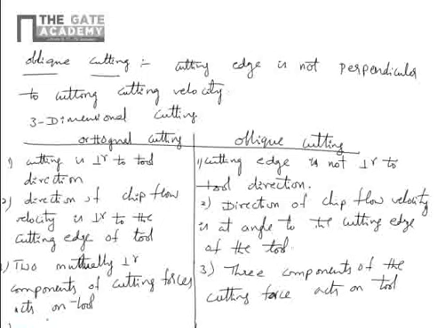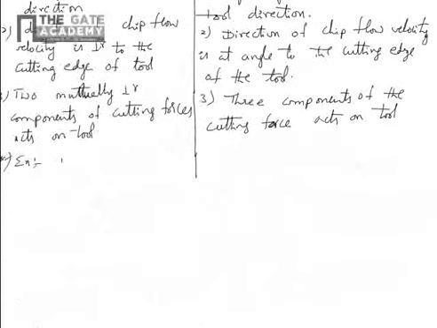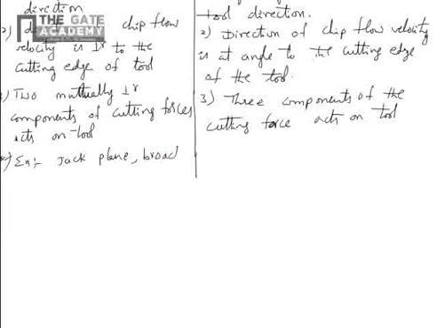Maximum chip thickness may occur at the middle in one case, while in the other the maximum thickness occurs at the end. Examples: jack plane, which is used in carpentry, and broaching. Here an example is lathe turning.